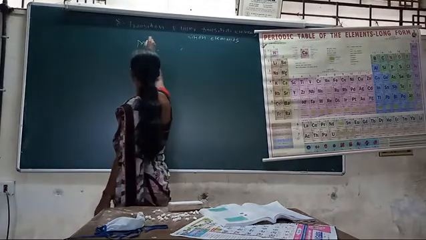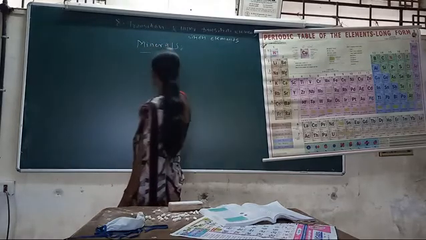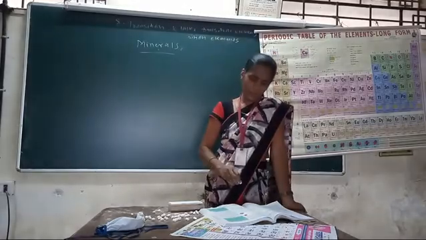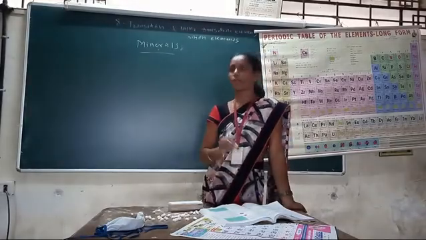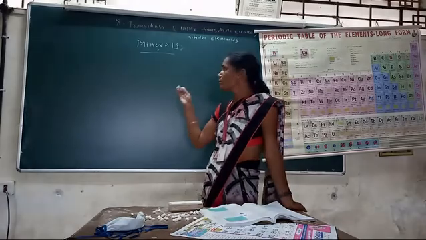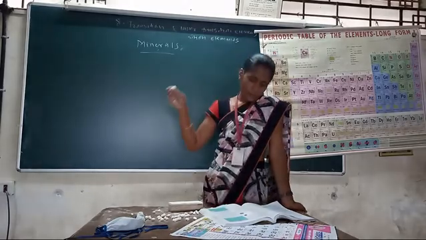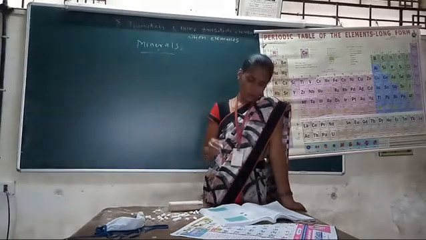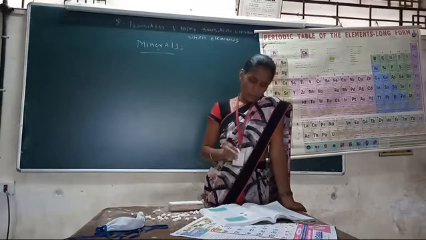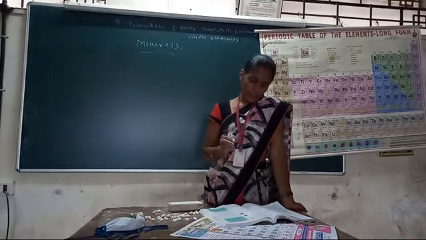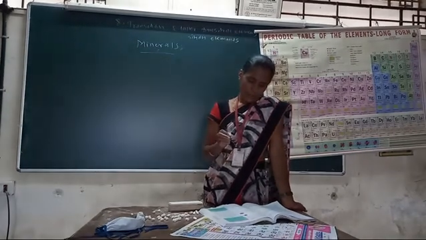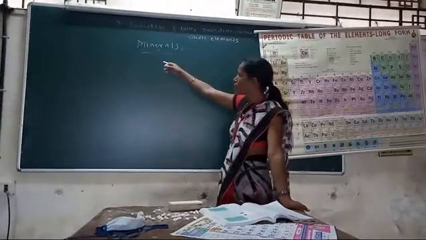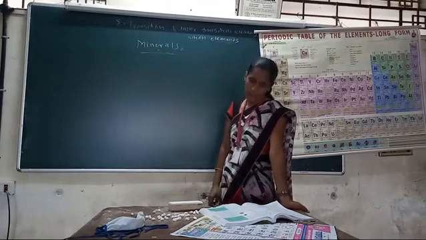Minerals means all naturally occurring compounds are called minerals. A naturally occurring substance found in the earth's crust, for example silver, gold, solids, salts. Mineral means a naturally occurring compound from the earth's crust.